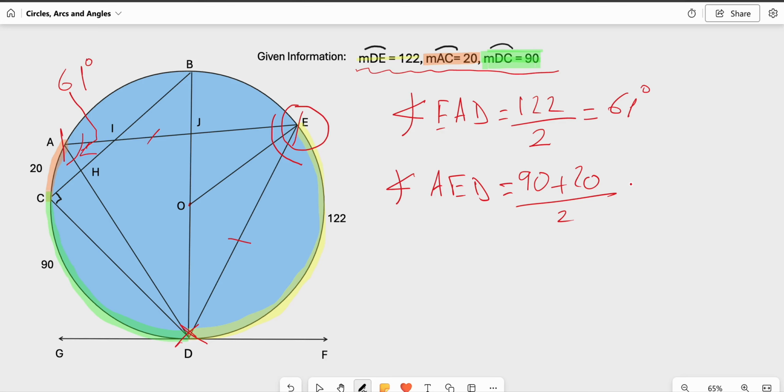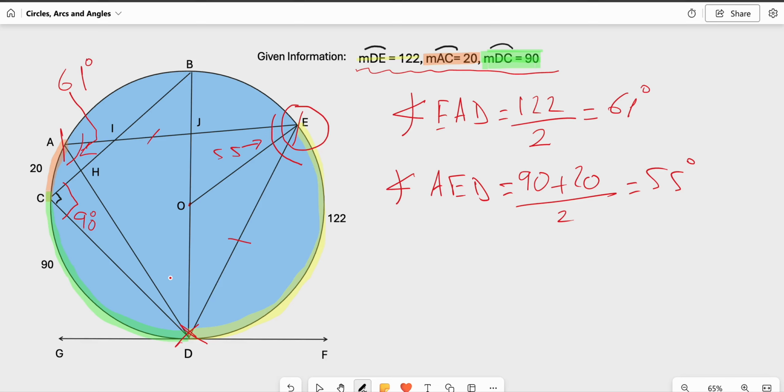Divided by 2. How much is that? 110 divided by 2, 55. So we know that this angle here is 55. All right. So what else can we find here? By the way, notice that this angle here is a 90 degree angle, all right? 90 degrees.